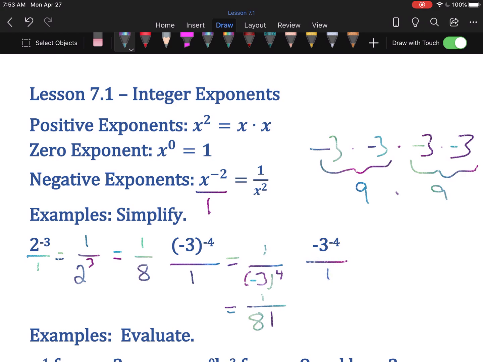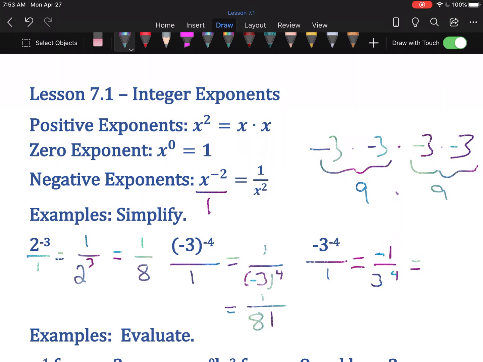So again, I'm going to make this over 1 so we can see what we're doing. The negative 4 screams, move me to the denominator. It's on just the 3. So we have 3 to the 4th in the denominator, and essentially the negative sign left in the numerator. Of course, we can't just have a negative sign, it's got to be a number. So when every number clears out, 1 is what's left.